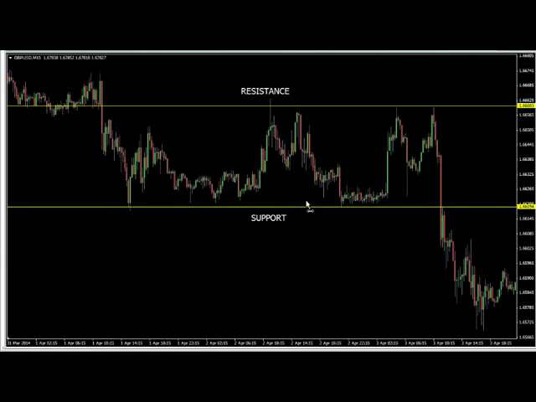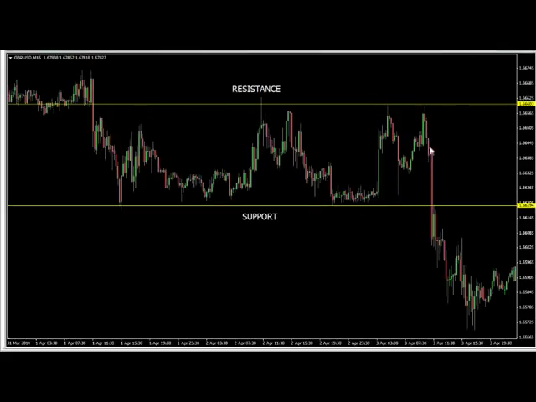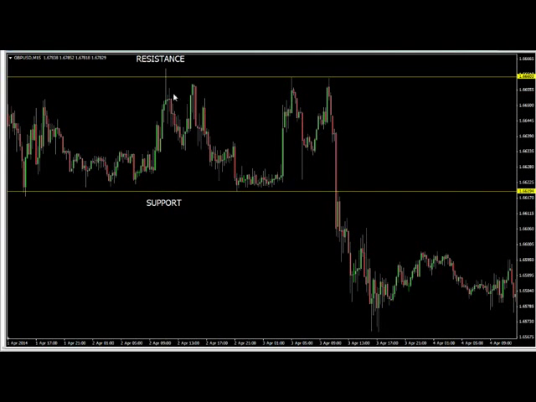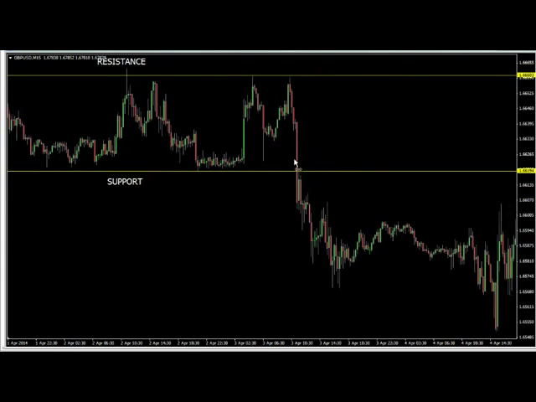As I start to scroll the chart this way, you can see that this definitely held true. The support, once broken, proved itself to be very valuable in taking a trade, because as it was broken, we continued down and continued down. Quite literally, price was bouncing between these two levels before deciding to break out in one direction.